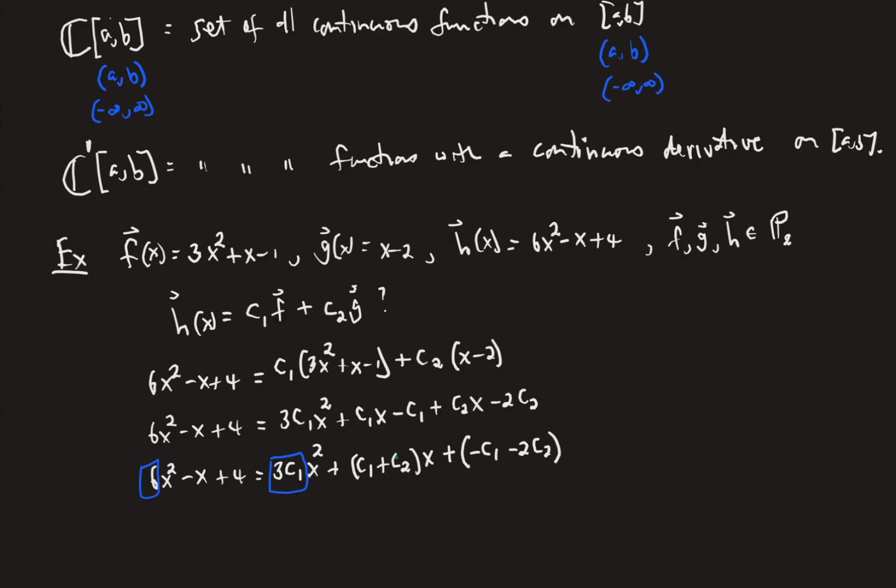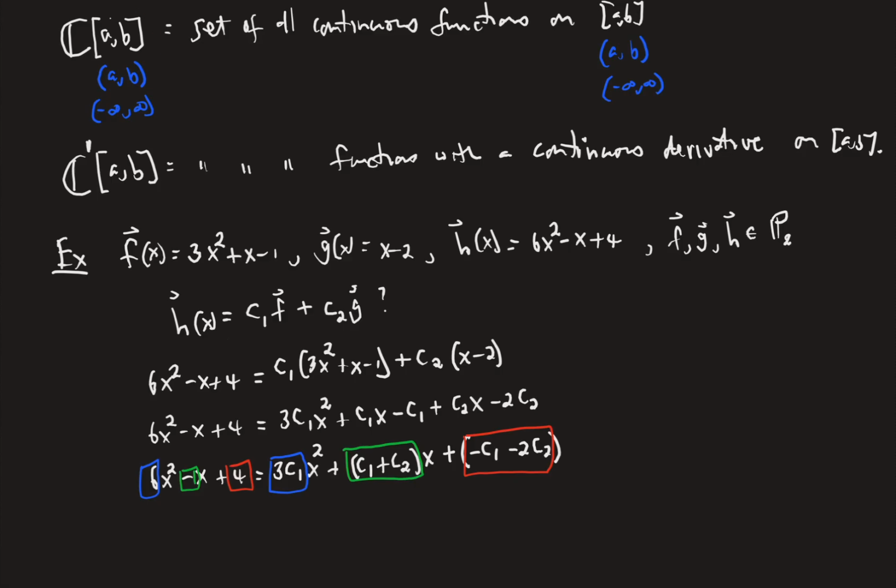And I'm sure you've seen stuff like this before. And then the coefficient of x on the right would have to be equal to negative 1 right there. And whatever that constant term is right here, that would have to be equal to this.